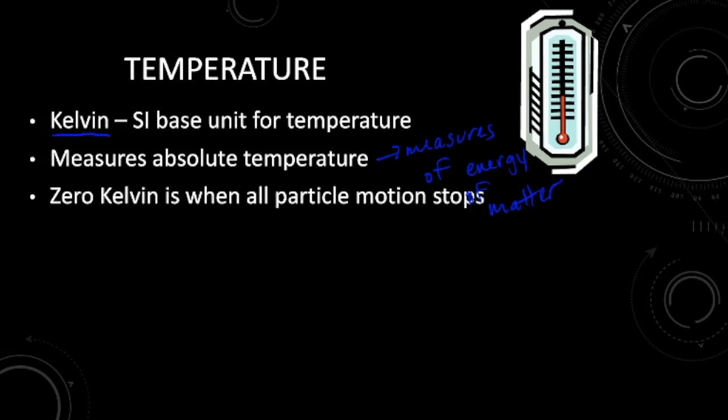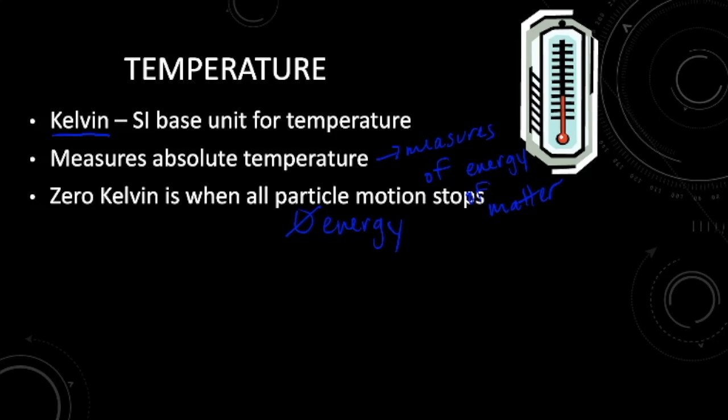Okay, and at 0 Kelvin, that's when all particle motion is going to stop. So that means there is 0 energy available. Okay, and that's why we prefer Kelvin. It's referred to as an absolute value. There's no negative Kelvin. Once you get to 0 Kelvin, that's when all motion will stop.